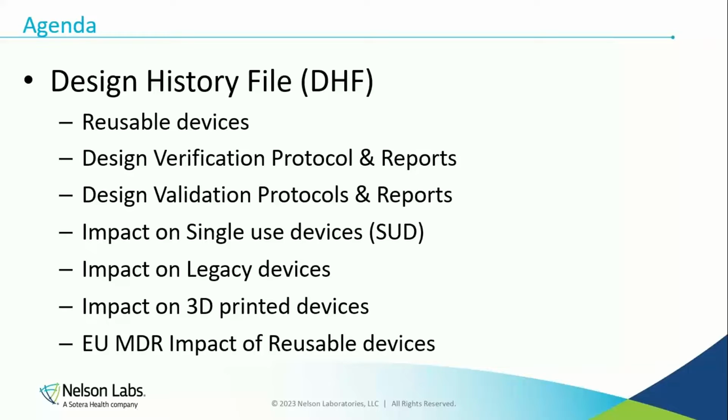So how does that impact you, and how does that impact MDR? Impact on 3D printed devices: we're seeing this generation moving towards 3D printing devices, and we're seeing more and more of those in the reusable world as well, not just implants, but more and more on reusables, and how do we overcome those factors?